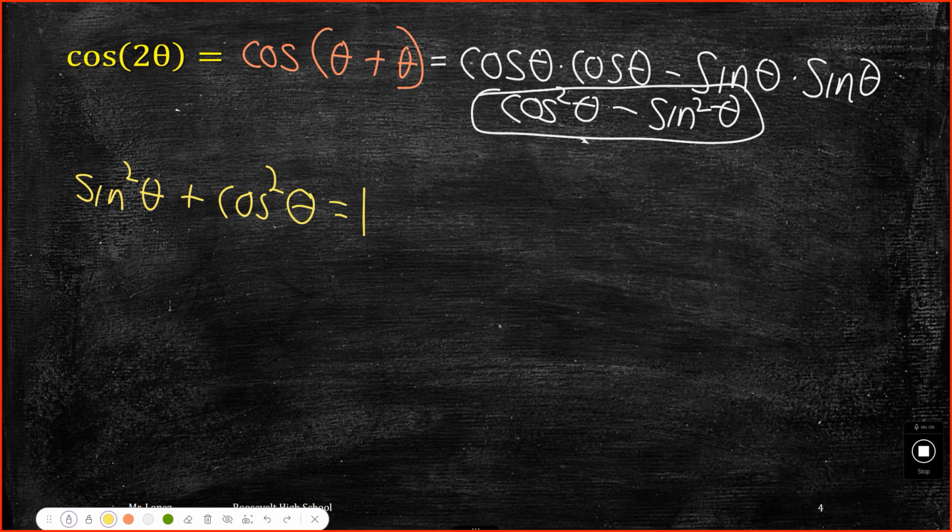So cosine squared theta, if I move this over to the other side, I get minus sine squared theta. So cosine squared theta is equal to 1 minus sine squared theta. I'm going to substitute that in. So I'm going to get 1 minus sine squared theta, minus that sine squared theta which is already there.